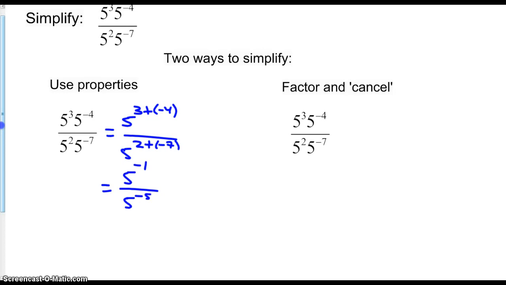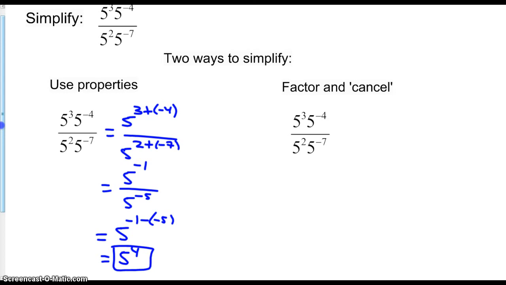And then if I use properties, I know that that's 5 to the negative 1 minus whatever's on the bottom, which is negative 5. So that's going to become a plus. So that's going to end up being negative 1 plus 5, which would be plus 4. Right, so this would be 5 to the 4th, which of course I could multiply out, but for this purpose I'm going to leave it in that form, 5 to the 4th.